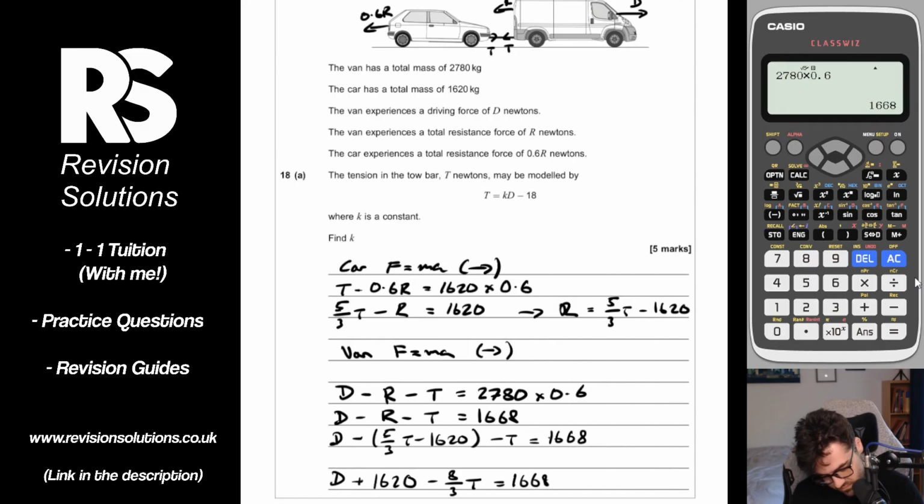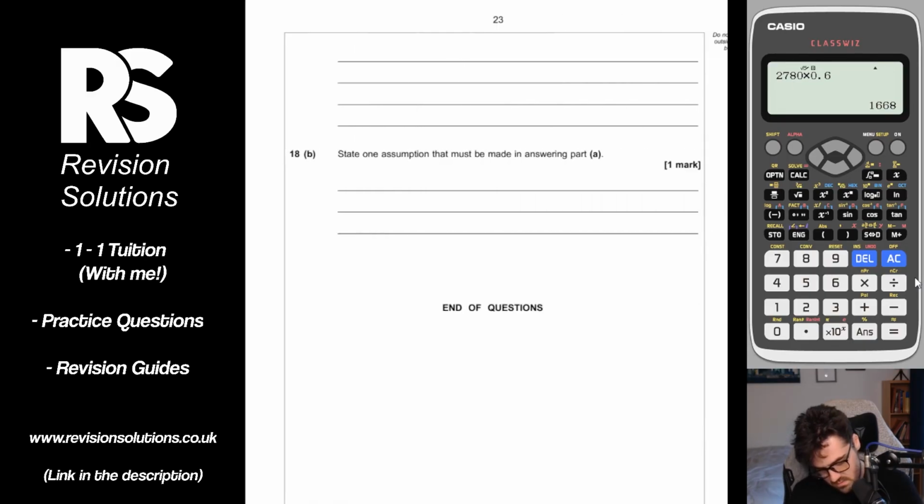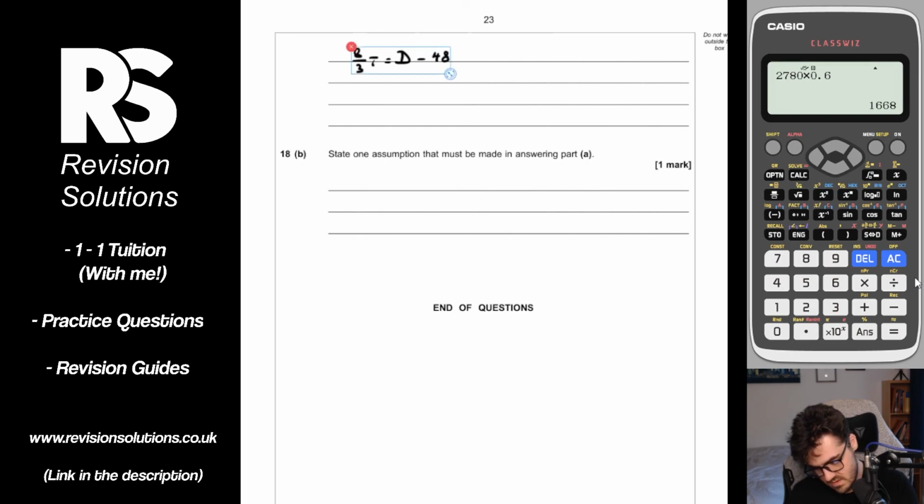Or if we try and start simplifying now, 8/3 T is going to equal D, then 1620 minus 1668, that would be minus 48. And then let's bring that onto the next page.